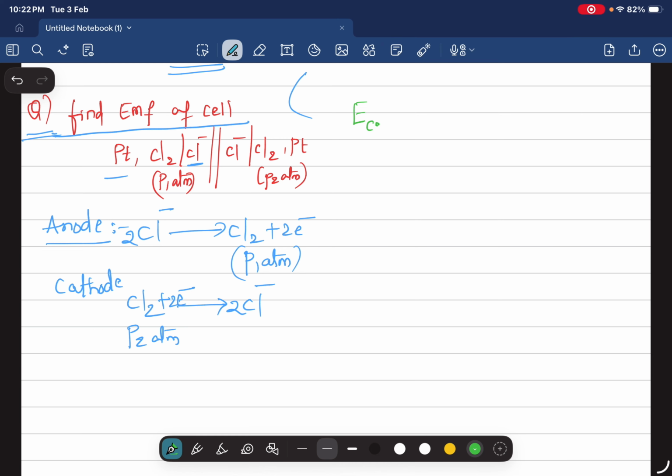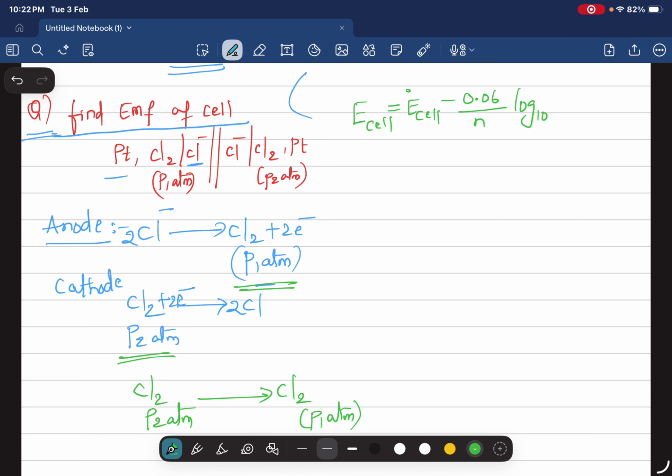So here E cell equals E naught cell minus 0.06 by n log base 10. Here, if you write the overall reaction by adding these, Cl2 at P2 atm and Cl2 at P1 atm, products are P1 by P2.